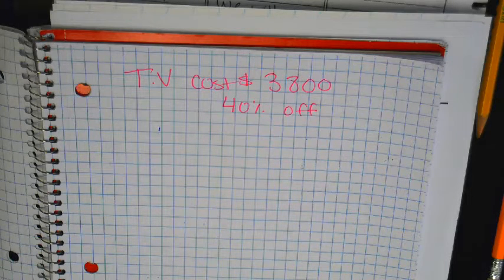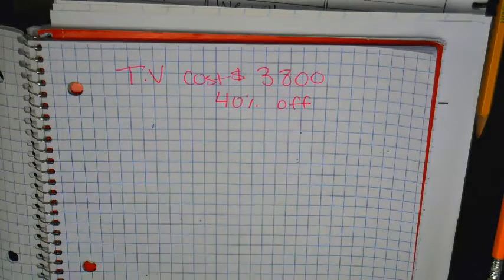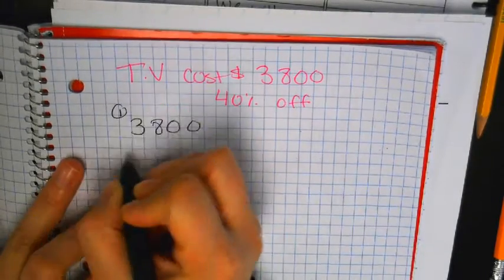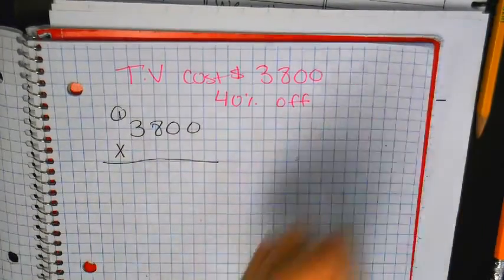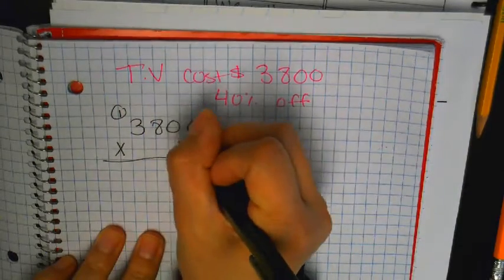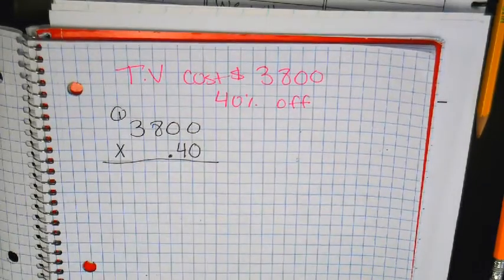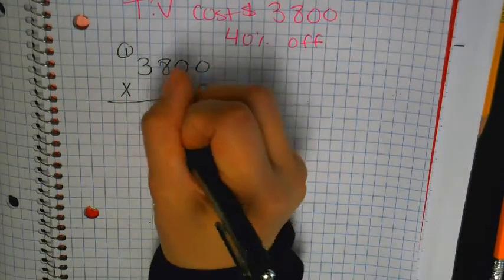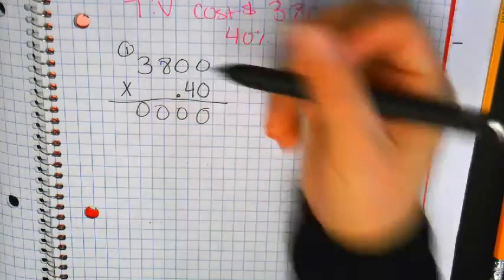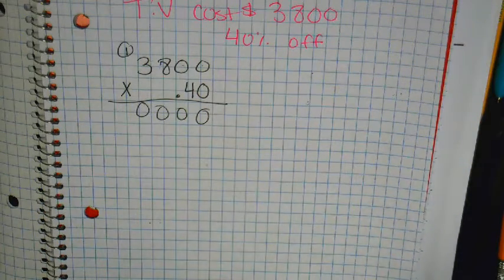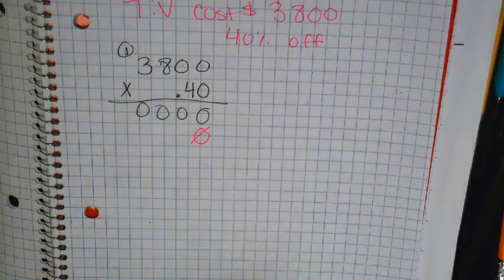So 3,800 times... How do I write 40% as a decimal? Point 40. When you multiply by zeros, you know it all ends up being 0. 1, 2, 3, 4, one for each number. Now, again, the number one mistake kids make when they're multiplying is they forget this 0 placeholder.